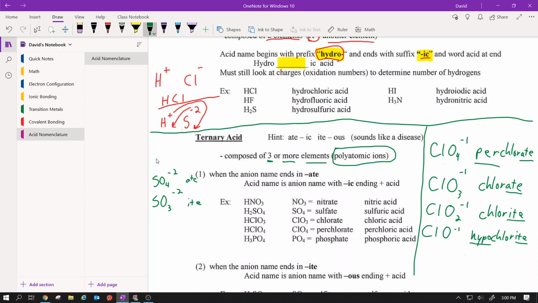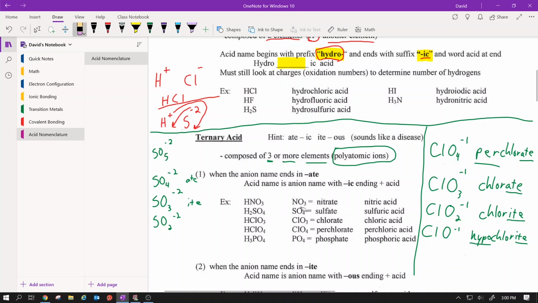So from here, up to SO5 would be persulfate, and down one would be hyposulfite. Okay. So just a quick little explanation of that. Now I'll tell you why I went through all that.